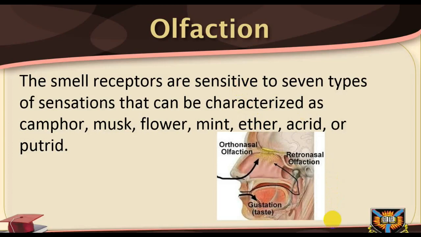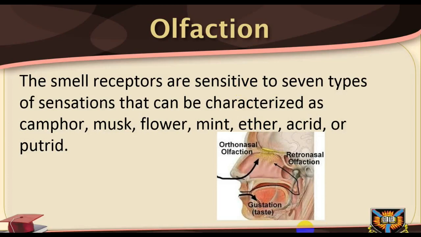The nose also has a structure called the vomeronasal organ, whose function has not been determined, but which is suspected of being sensitive to pheromones that influence the reproductive cycle.